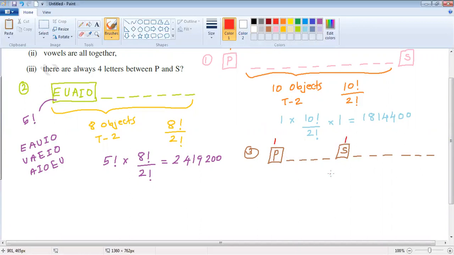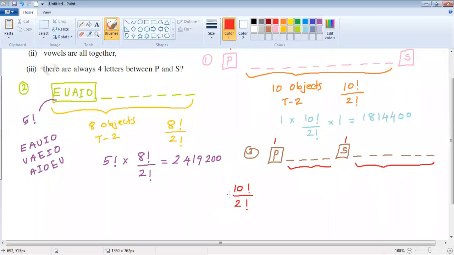So the remaining 10 positions, 4 positions in between and 6 positions after, so a total of 10 positions. For those 10 positions, the number of arrangements is 10 factorial divided by 2 factorial, because T is repeating 2 times.